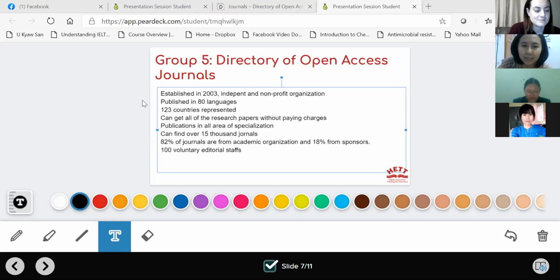We can get all of the research papers without paying charges because it gives open access to journals. So we can find over 15,000 journals in all areas of specialization. So there are a lot of journals.